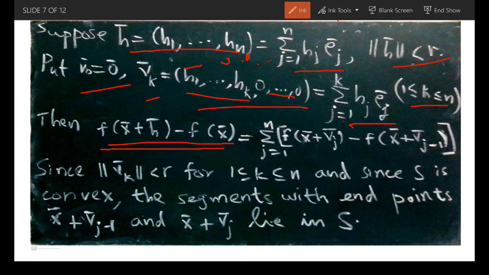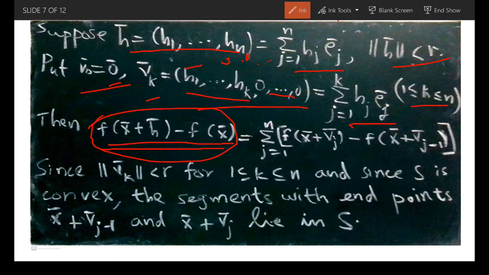H is Vn. So f of x plus h minus f of x, and what is f of x? It is f of x plus 0. That means f of x plus V0. So this expression is actually f of x plus Vn minus f of x plus V0.